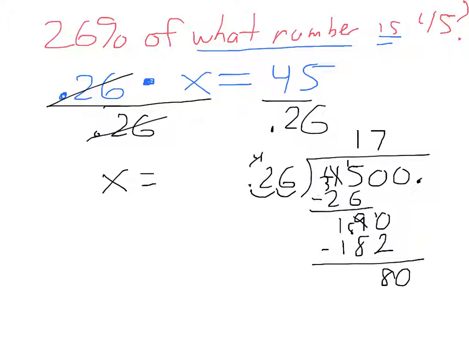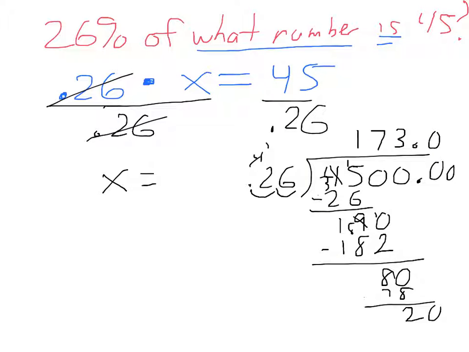Does 26 go into 80? How many times? 3. Okay. That would be 18. Carry the 1 there. That's going to be 78. That's going to be a 2. Add a 0, bring it down. Does 26 go into 20? No. So I'm going to get a 0.0.